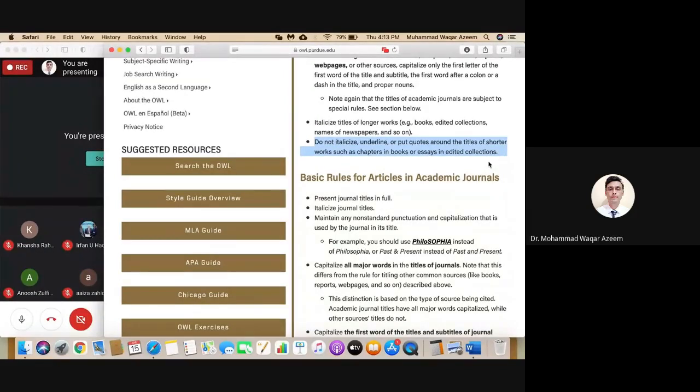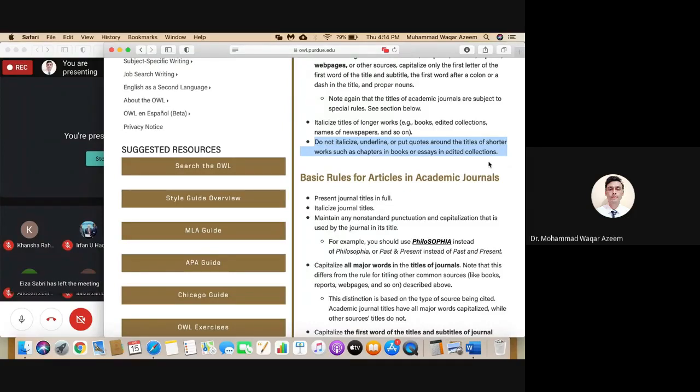So books and edited collections have chapters and essays in them, and it is quite obvious that the chapters and the essays in the books are shorter resources. They are shorter in size.